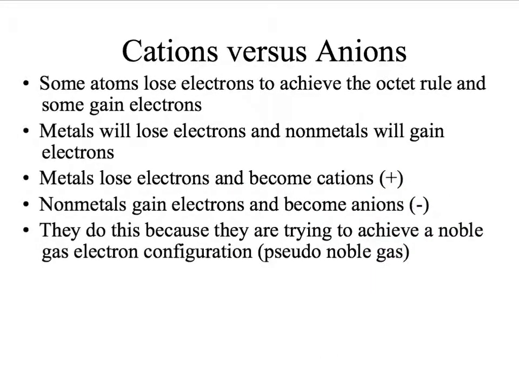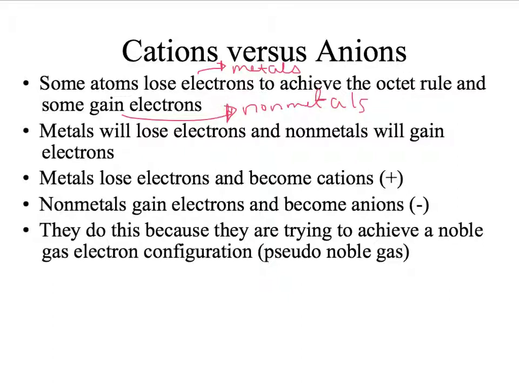So, cations versus anions. Some atoms are going to lose. We've talked about this. These are actually metals, to achieve the octet rule, and some gain. The ones that gain, again, are nonmetals. So that kind of tells you when we're talking about ionic bonding, we're talking about a metal and a nonmetal.